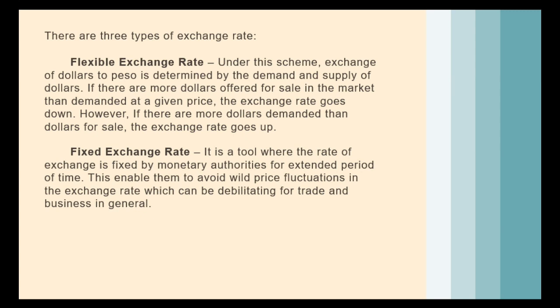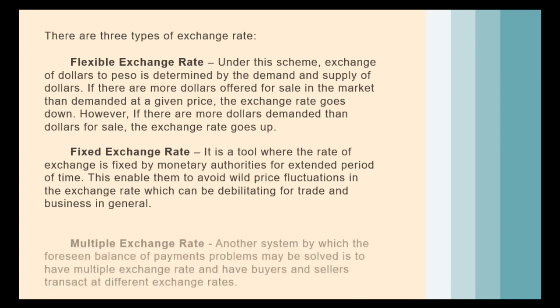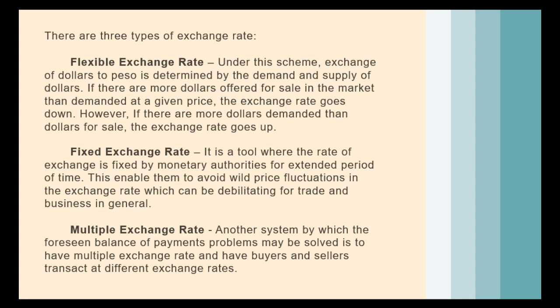With that being said, this enables them to avoid wild price fluctuations in the exchange rate, which can be debilitating for trade and business in general. And lastly, we have multiple exchange rate. So another system by which the foreseen balance of payments problems may be solved is to have multiple exchange rates and have buyers and sellers transact at a different exchange rate.